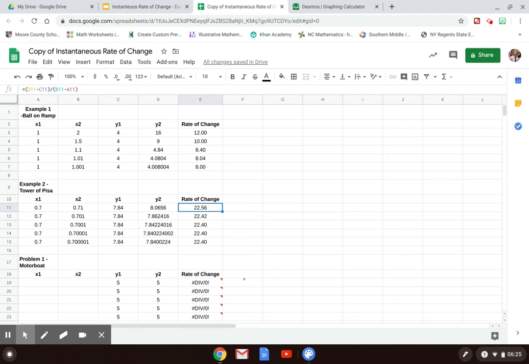And for my y1 and my x1, I'm going to use 0.7 and 7.84, since this is the last one, and that's where we're approaching the 22.4. So 0.7 and 7.84.